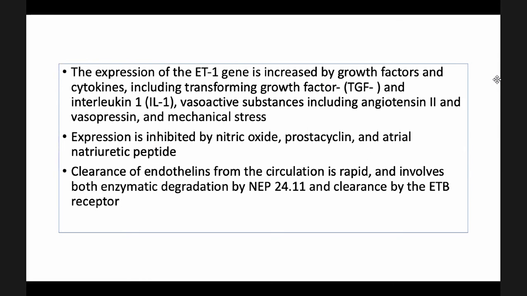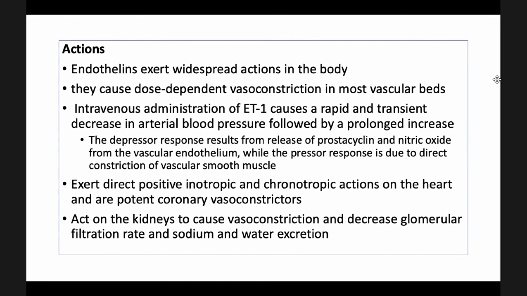And the clearance of endothelins from the circulation is rapid, involving enzymatic degradation by NEP 24.11 and clearance by the ETB receptor. So endothelin has a widespread action in the body.